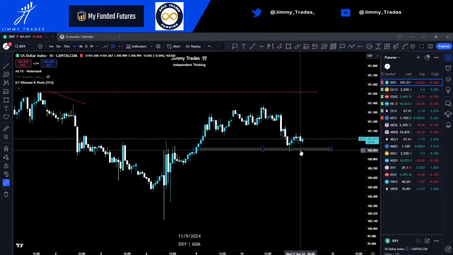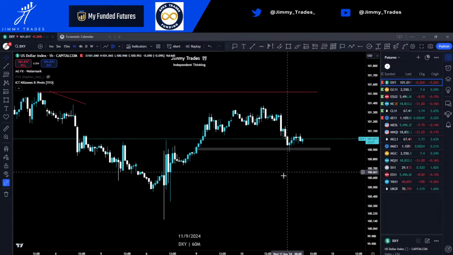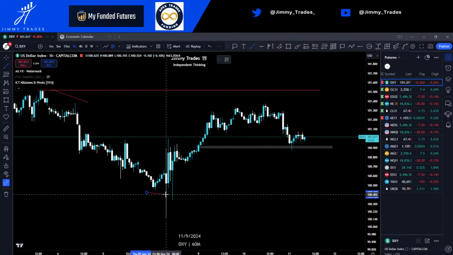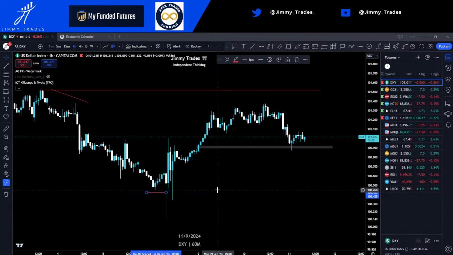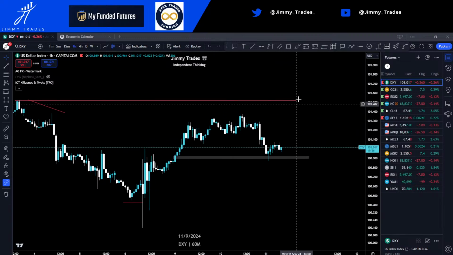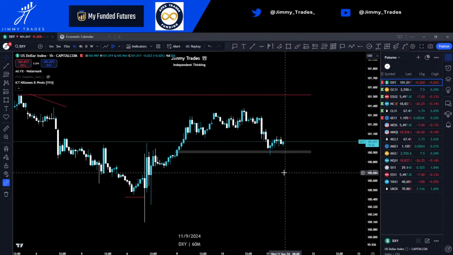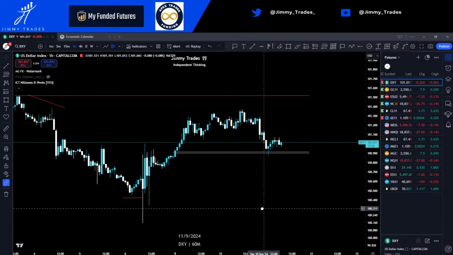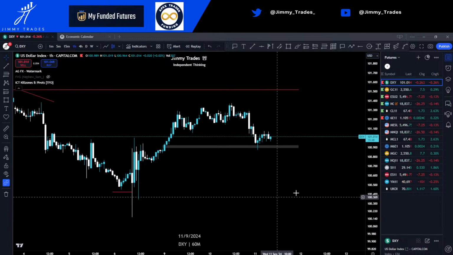Price is respecting this bullish PD array here, this bullish FVG. High resistance liquidity on our side of price. But again, just waiting for CPI to see what CPI does to destroy this chart.